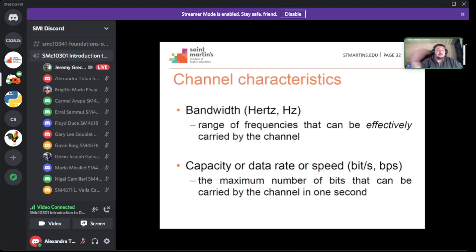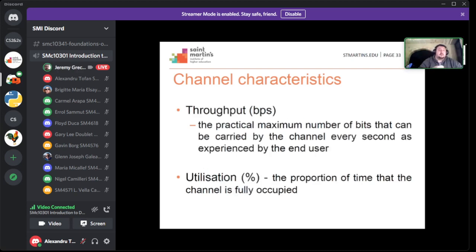Again, when we talk about capacity or data rate or speed, essentially we're talking in terms of bits per second, which is basically the maximum number of bits that can be carried at any given point in time. Throughput is also measured in bits per second, but throughput is essentially the practical maximum number of bits that can be carried upon a particular channel every given second, and that can be experienced by the user.